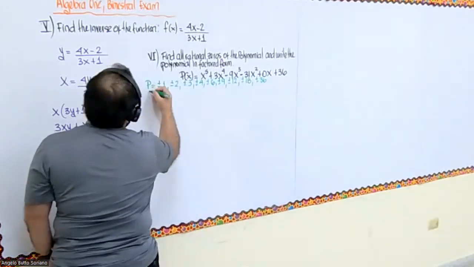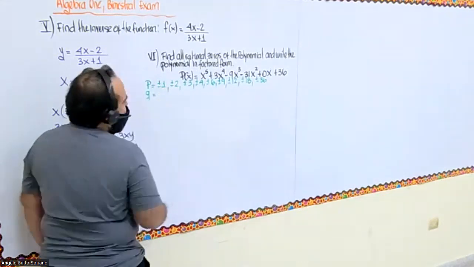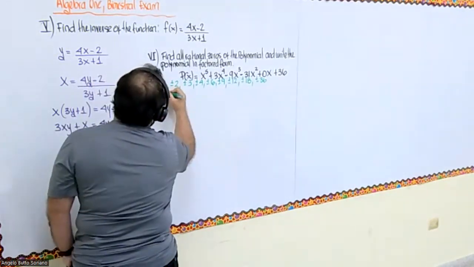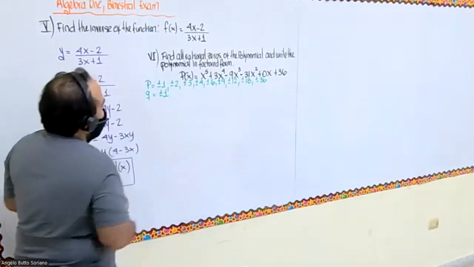And the q factors, that will be the divisors of the number 1, that will be plus or minus 1.